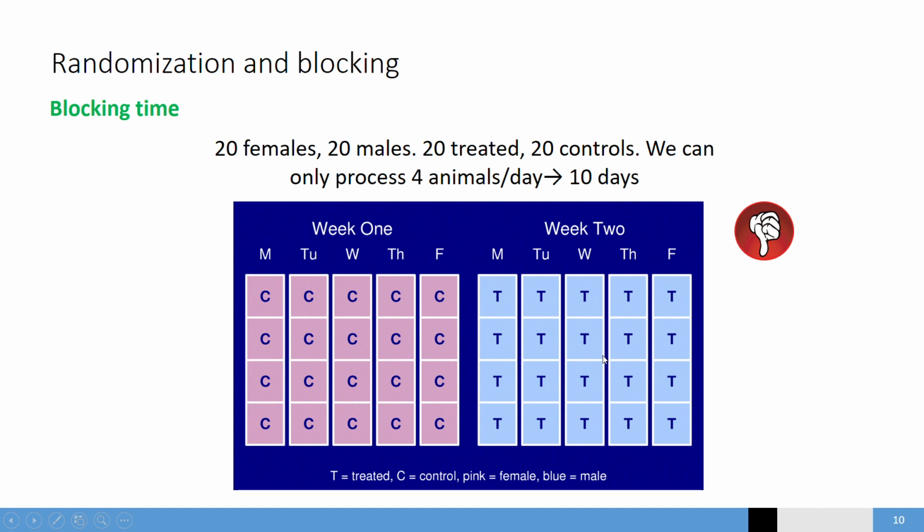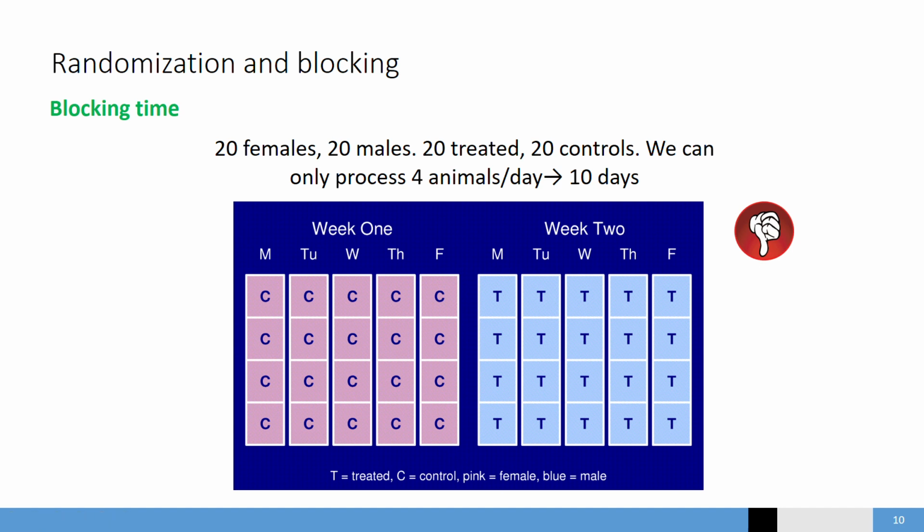So this is not a good design, and you see why. One of the blocks, females, or the same for male, doesn't see all the treatments. So this is one of the examples where I was saying we are confounding the block with the treatment.